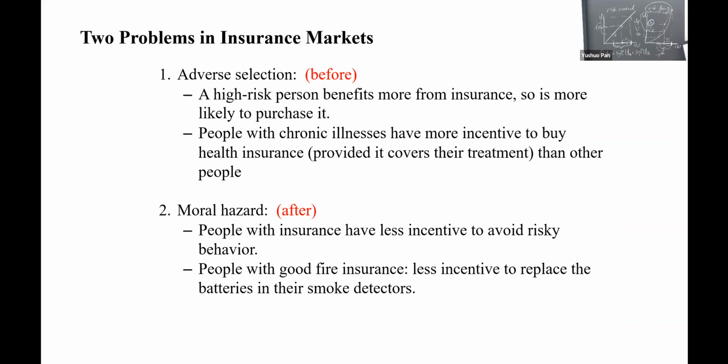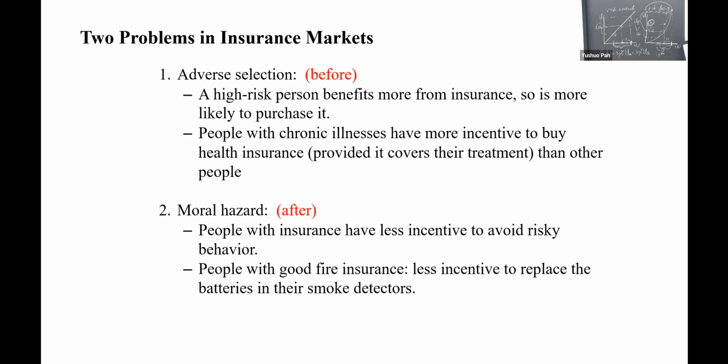Another problem is moral hazard. The definition is that people with insurance have less incentive to avoid risky behavior. The example is people with good fire insurance have less incentive to replace the batteries in their smoke detectors.